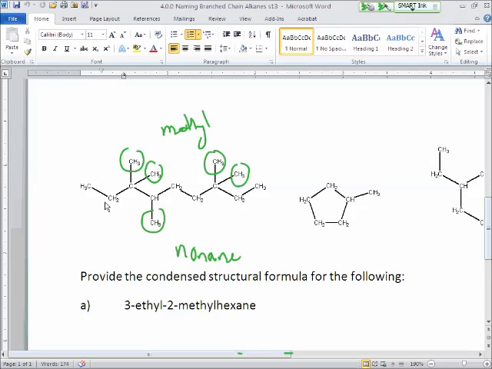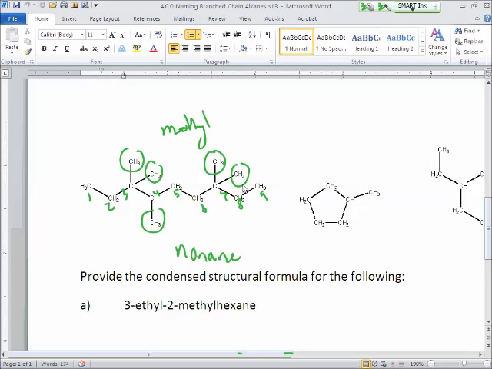Now I need the smallest numbers. 1, 2, 3, 1, 2, 3. Those are identical. But this guy's closer to the left side. So it's going to go 1, 2, 3, 4, 5, 6, 7, 8. I guess we don't need the 7, 8, and 9, but we get the idea. So now I'm going to have 5 methyls.